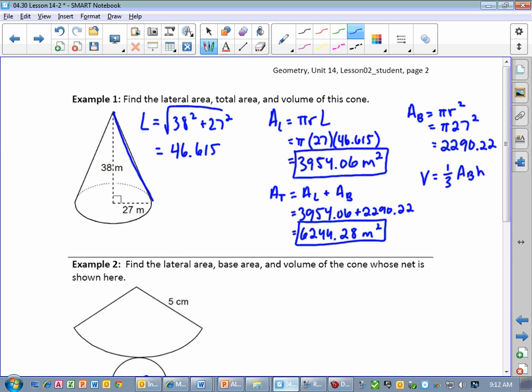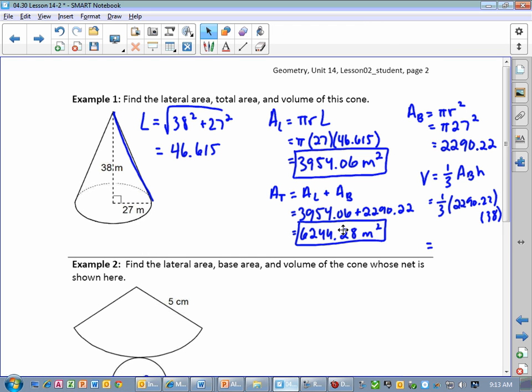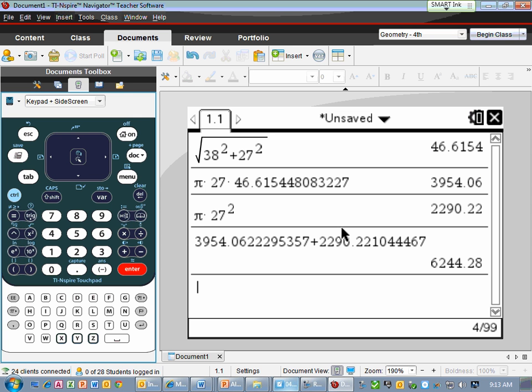Now the advantage of this is, if we've done it right, we've already found the area of the base. We needed that for the total area. And the height was either given to us, or we probably would have found it right at the beginning. So our height is 38 in this case. It's just a matter of plugging into this formula. 1/3 times 2290.22 times 38. I'm out of space, but you get the idea. Again, instead of typing in the 2290.22 and having six chances of making a typo, I already have that value in my calculator.